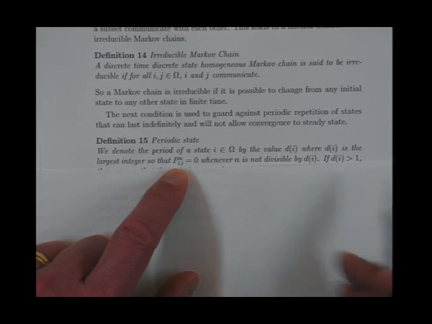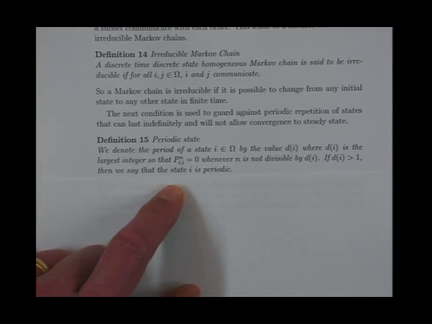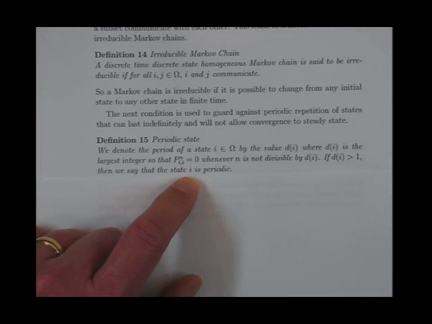Now if d is greater than 1, then we say the state is periodic. If d equals 1, everything is divisible by 1, so everything has periodicity 1.